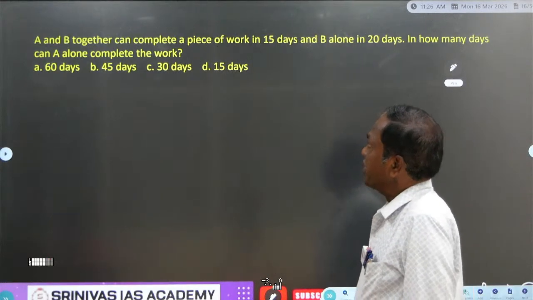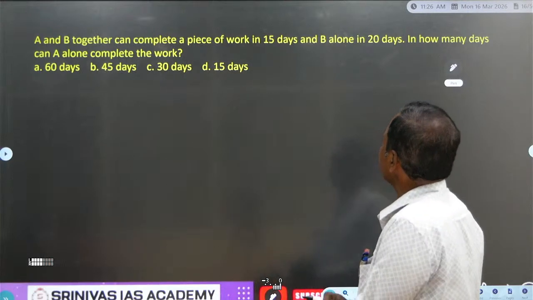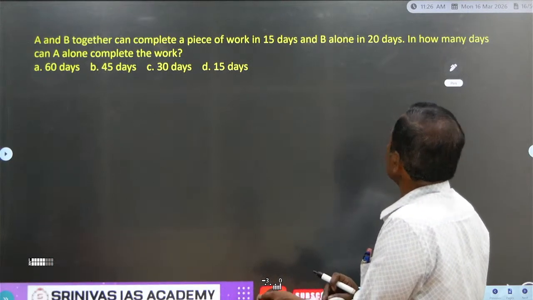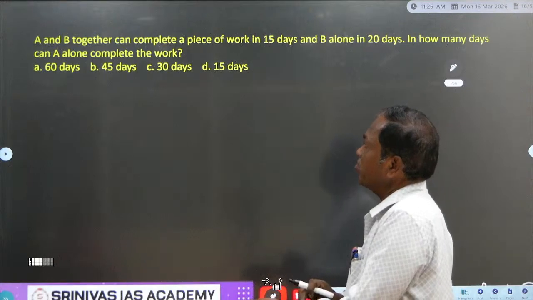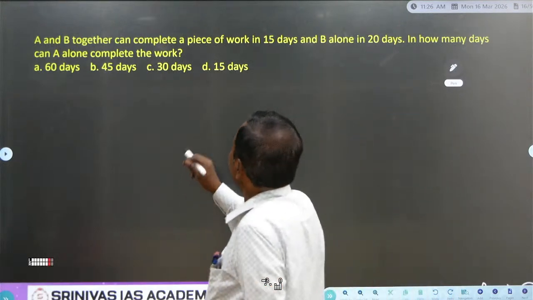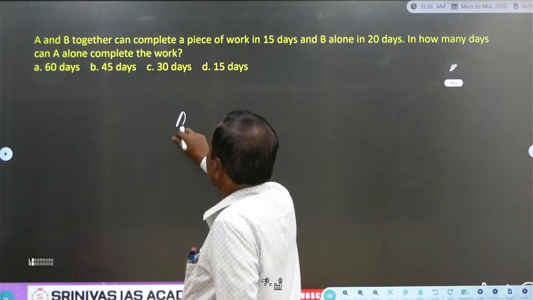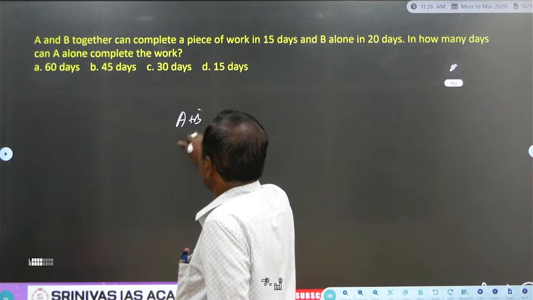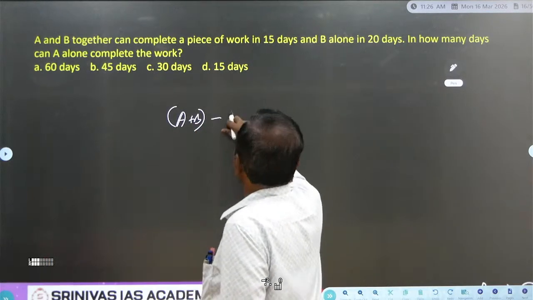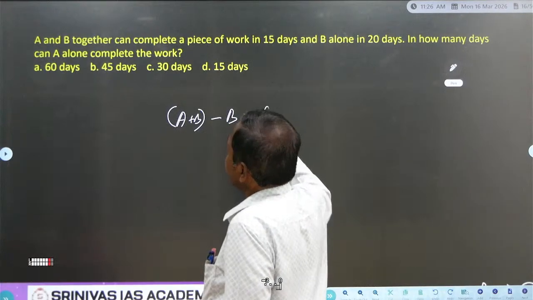A and B together can complete a piece of work in 15 days and B alone in 20 days. In how many days can A alone complete the work? A plus B together minus B, you will get A. I think the question is repeated, I believe.